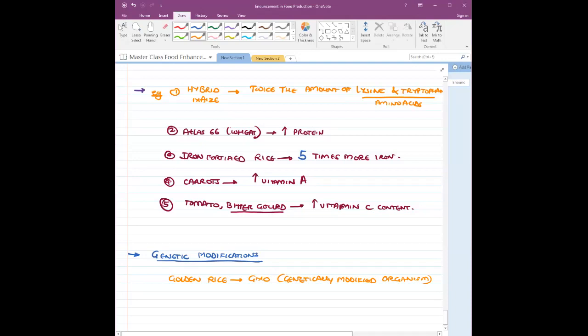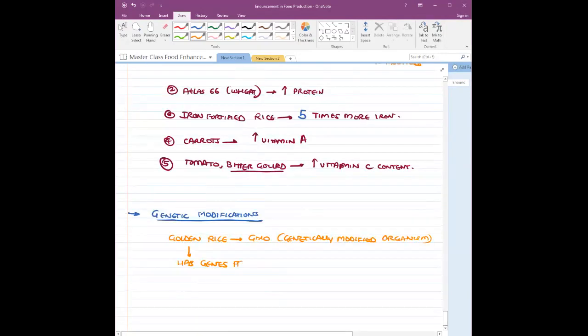Okay, now in golden rice, how have we prepared this? Basically, we have taken genes from two different sources. Sorry, the first is from your soil bacterium, Erwinia.